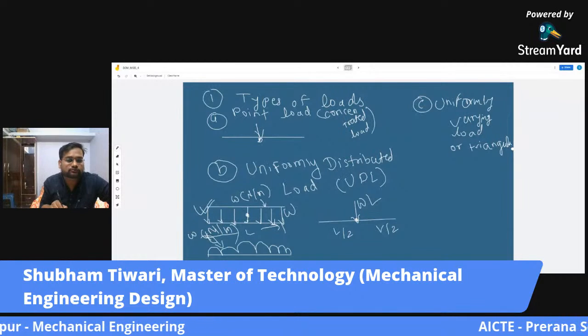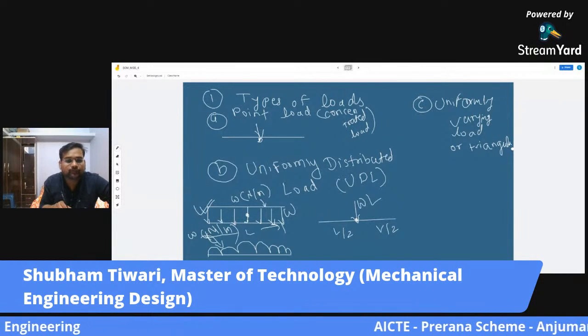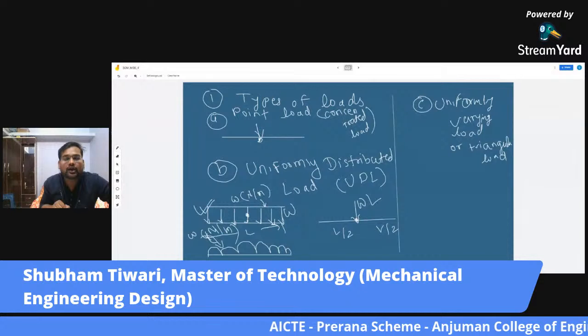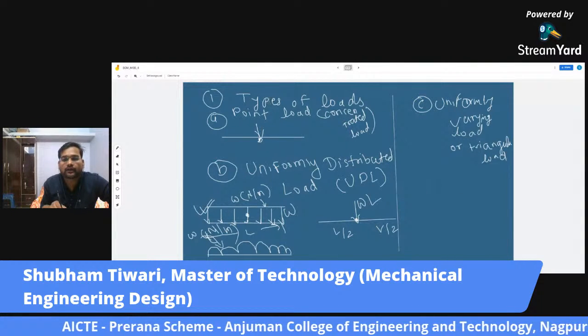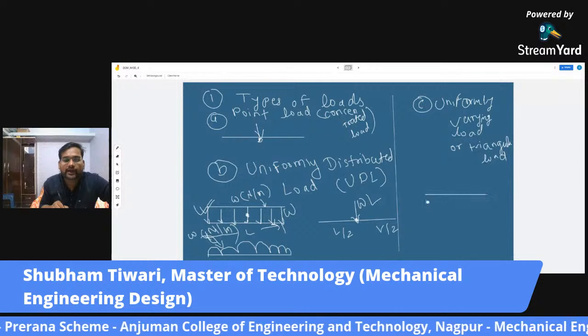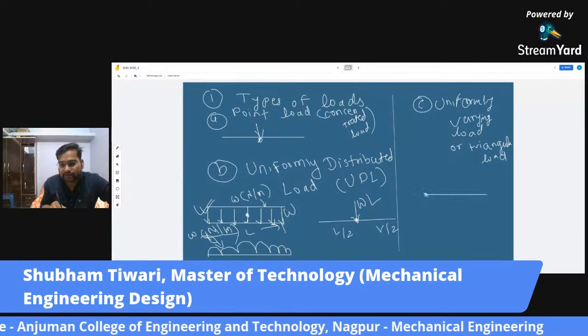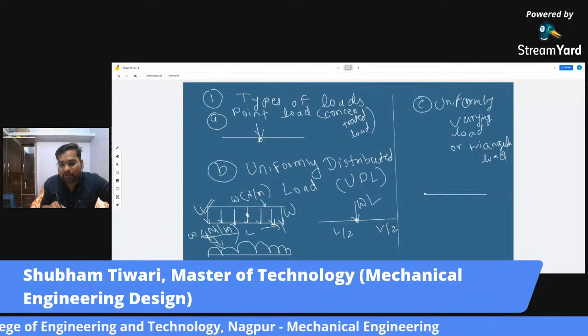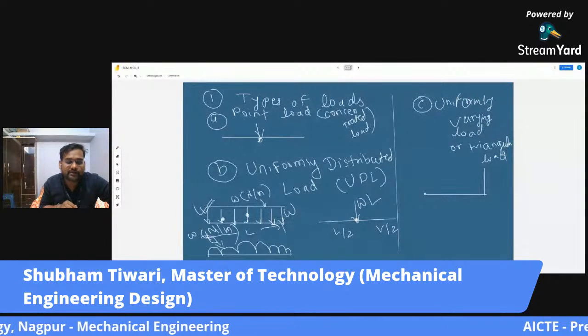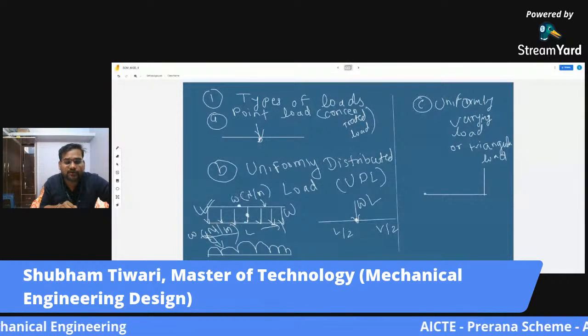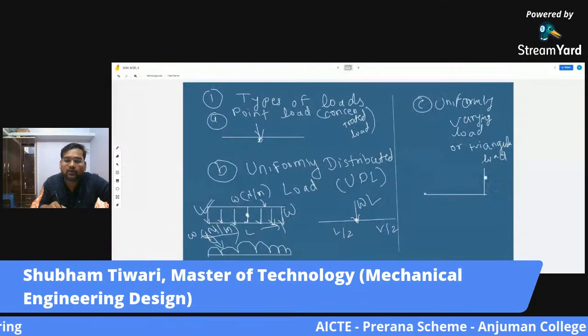This is not a standard term, but I am still telling you about it, because the diagram looks like a triangle. So at one end we have a load 0, and at the other end we have the maximum value of load. Here it was equally distributed. At each and every point the magnitude was W, small w.